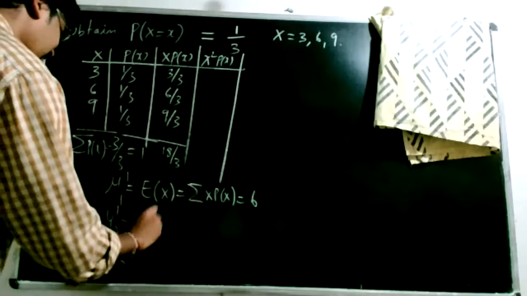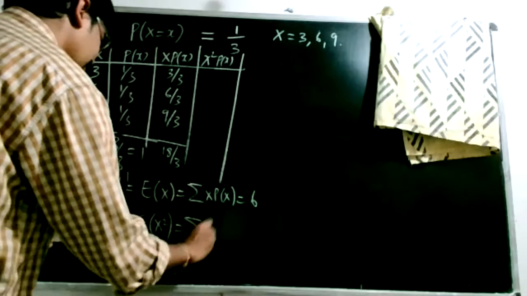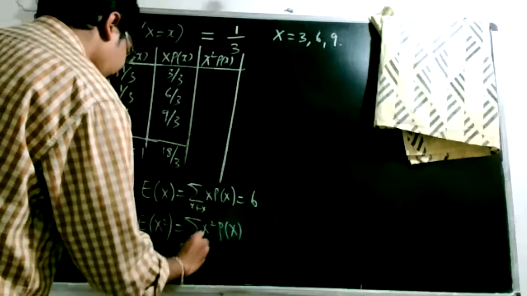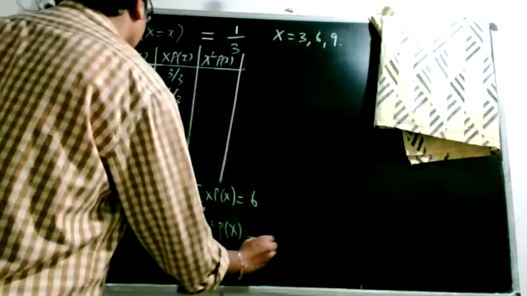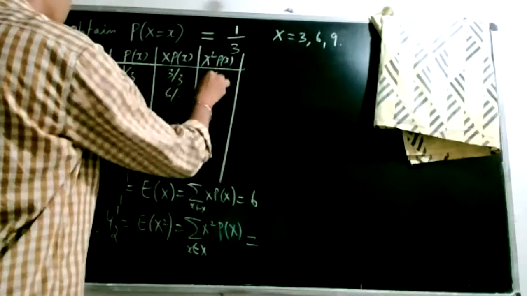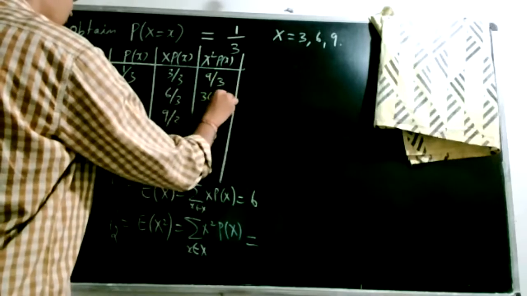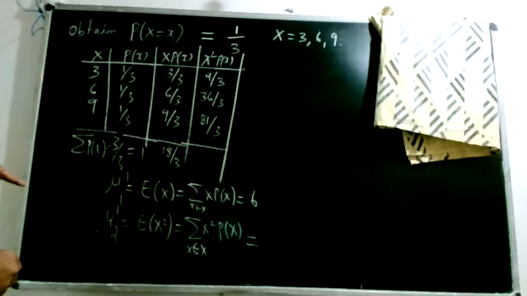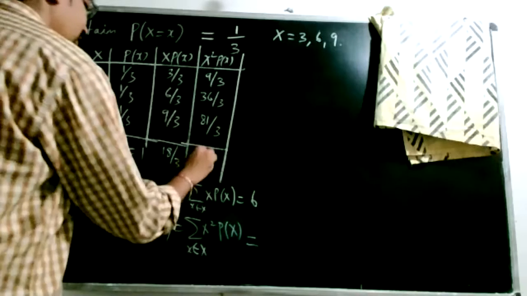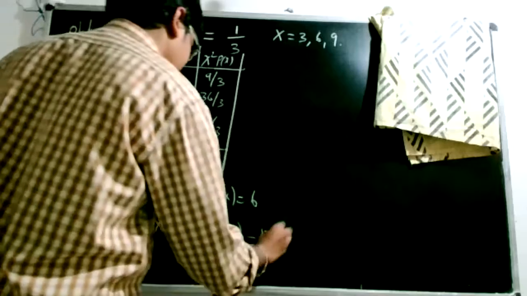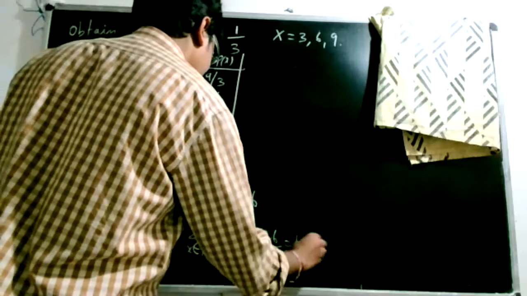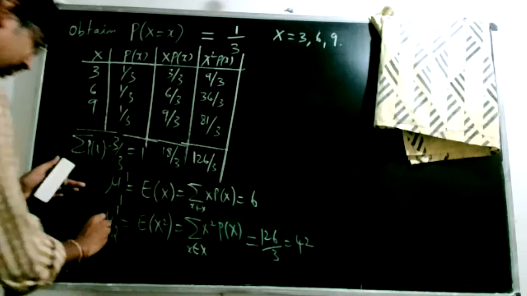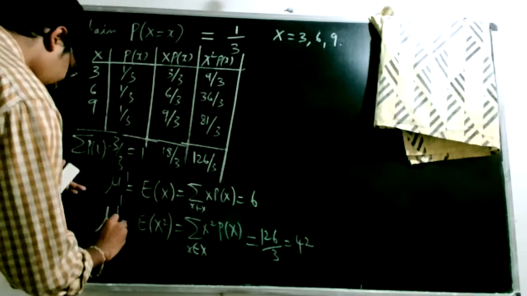The second moment Ex square is sigma x square px over all values of x, and that comes to a total of 126 by 3, which is 42. So the first moment is 6, the second moment is 42, which is our mu2 dash.